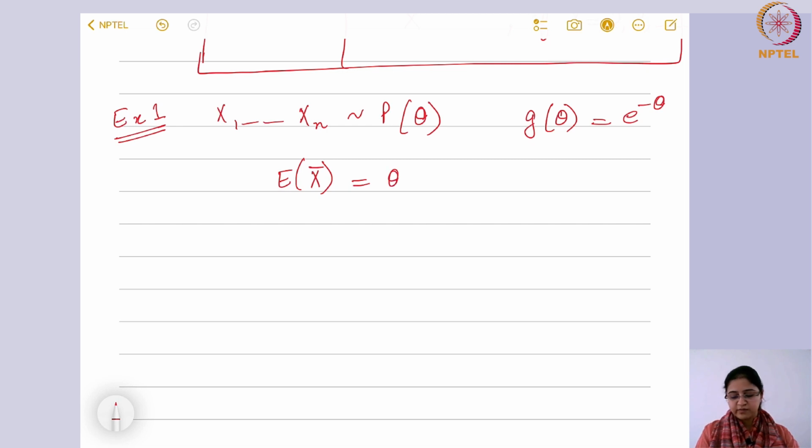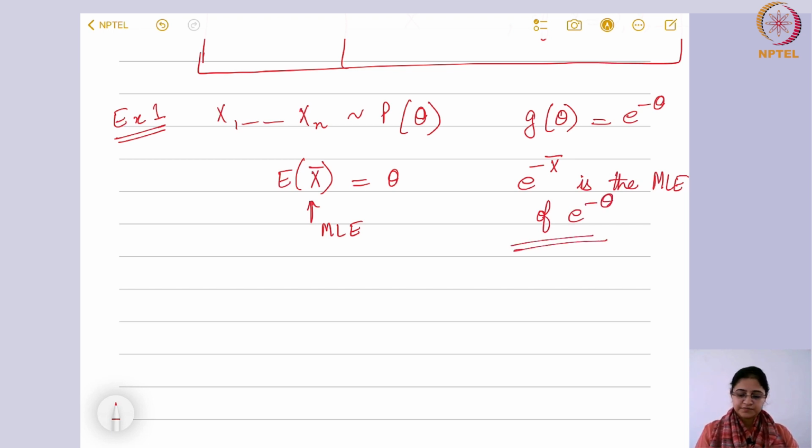There we considered the parameter as lambda, but it's the same thing. The expectation of x bar is theta, and this was the MLE also for us. So if x bar is the MLE of theta, then by the invariance property that we studied earlier, e raised to the power minus x bar would be the MLE of e raised to the power minus theta.